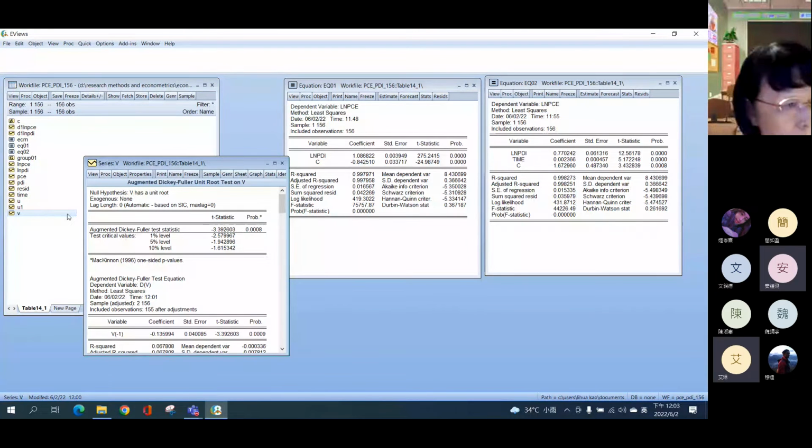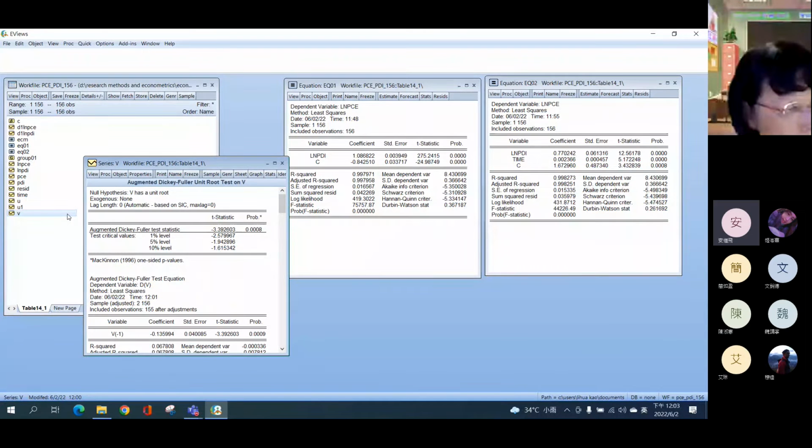Yes. But for the co-integration, you will explain more next week, right? I haven't really explained yet. I just said that after I do the regression, I save the residuals, and after I save these residuals, I run the Dickey-Fuller test.